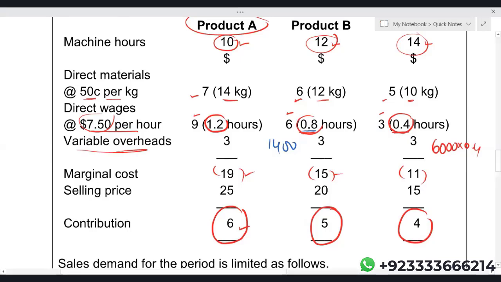We only have now 1,400 hours. So 1,400 divided by 0.8 will give us how many units of product B we can produce. It is 1,750 units. So the maximum units which we can produce for product B is 1,750 units, even though the available demand for product B is 6,000 units, but we cannot fulfill.